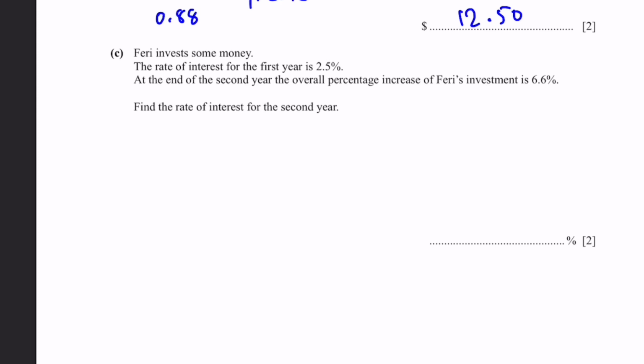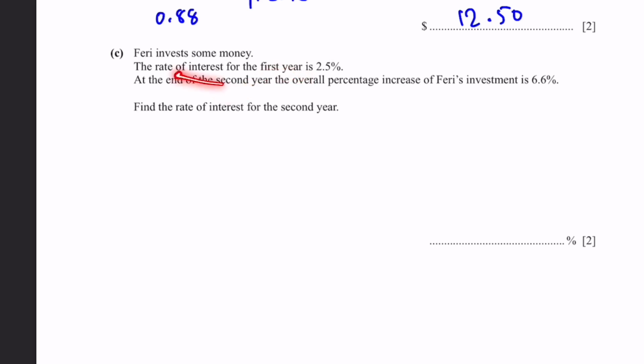Fabi invests some money. The rate of interest for the first year is 2.5%. And at the end of the second year, the overall percentage increase of Fabi's investment is 6.6%. Find the rate of interest for the second year. So first we need to find the difference between the rate of interest for first and second years.